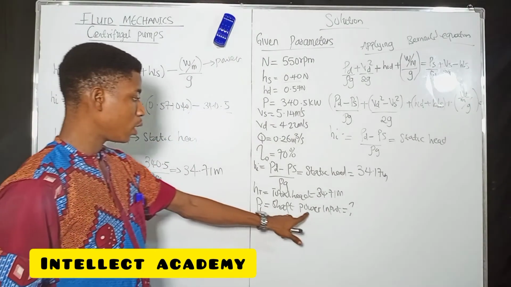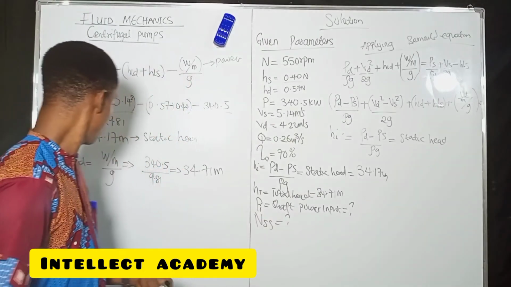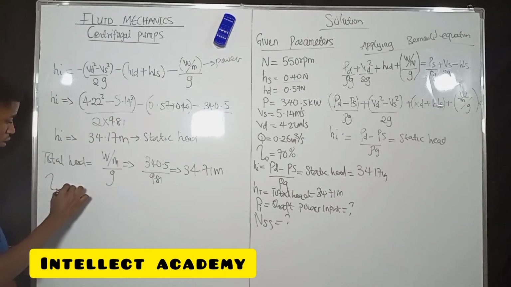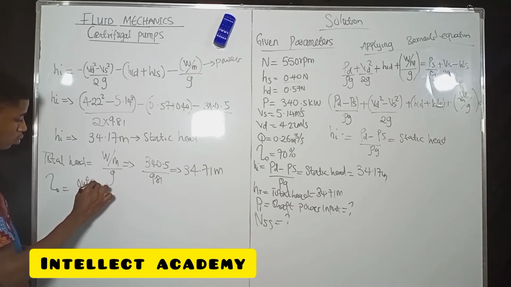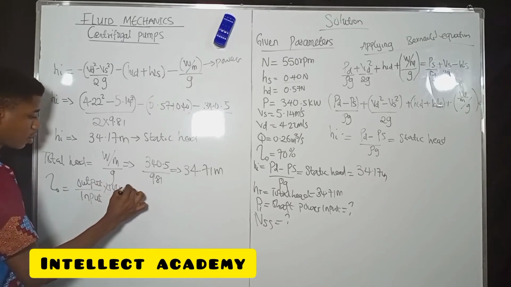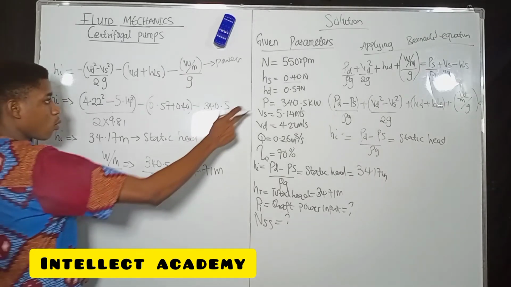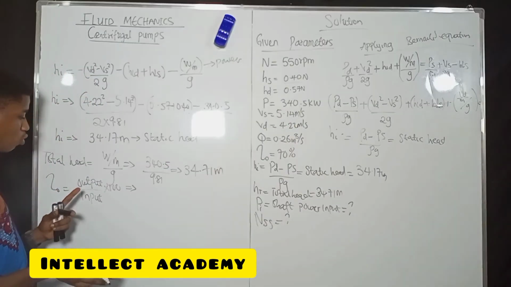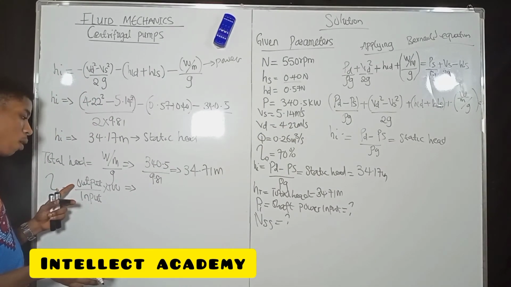The power shaft input. So from there, you know that efficiency is equal to output over input, multiplied by 100. So take note, in this case, the power required by the shaft is going to be the power output.